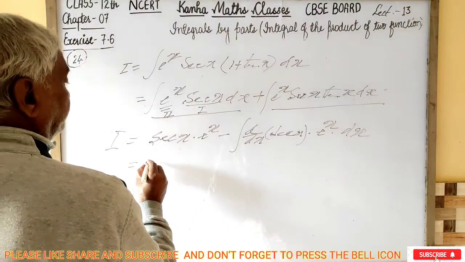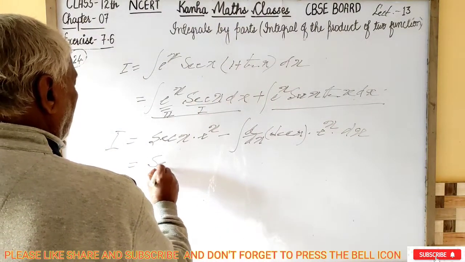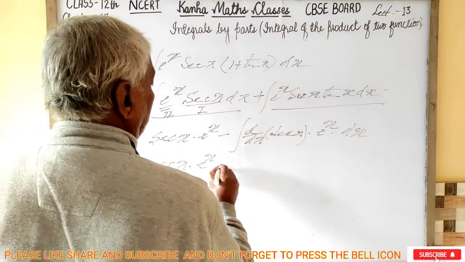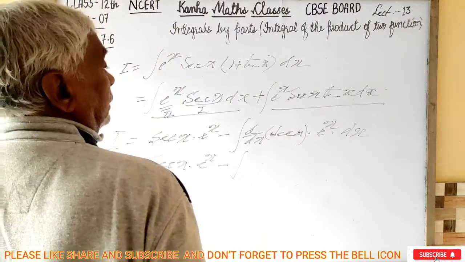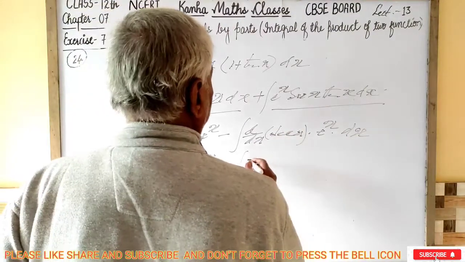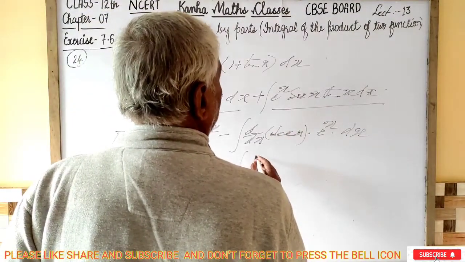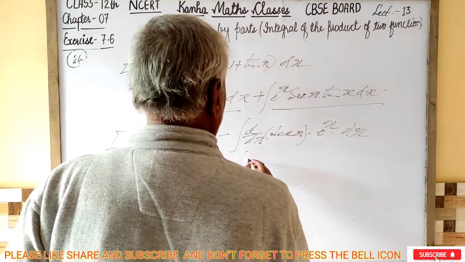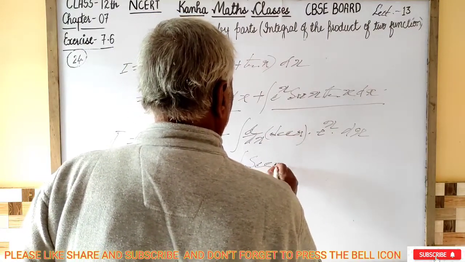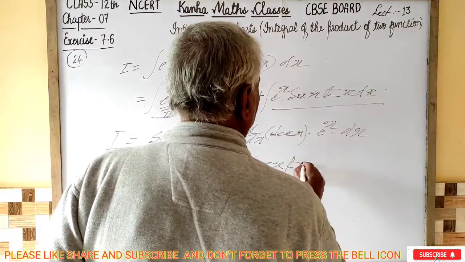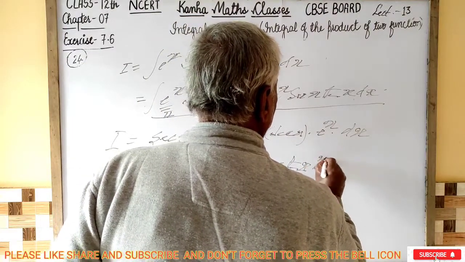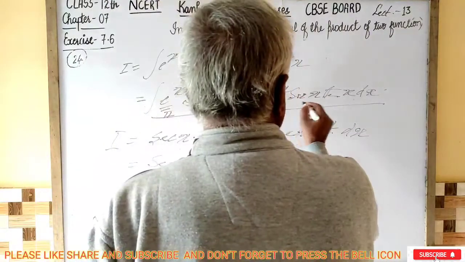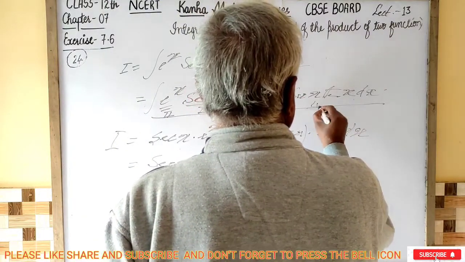This is sec x into e to the power x minus, d dx of sec x means sec x tan x, e to the power x dx, and now this is the second integral.